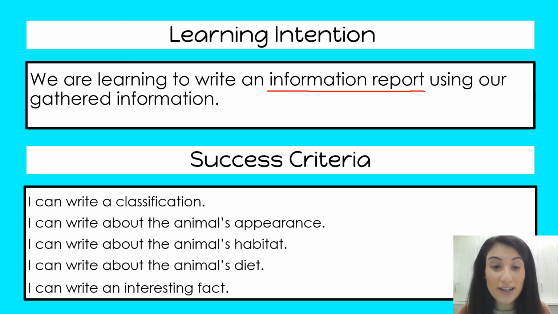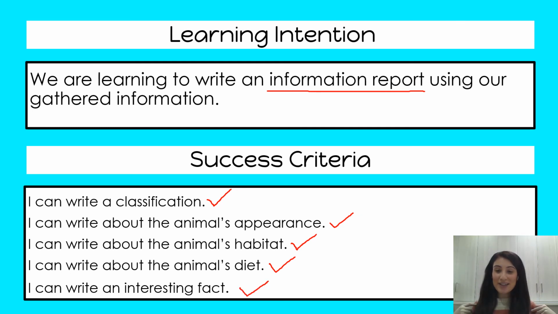I can write a classification. Got that? I can write about the animal's appearance. Tick. I can write about the animal's habitat. We did that. I can write about the animal's diet, and I can write an interesting fact. So if you followed along with today's lesson, you should be able to also tick up in your head those things in our success criteria as well.